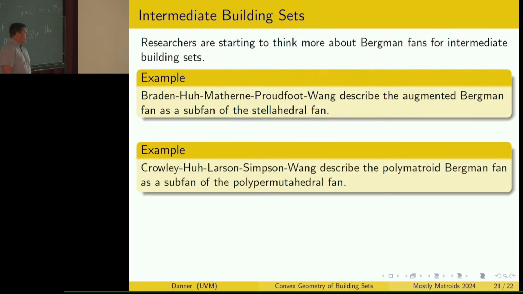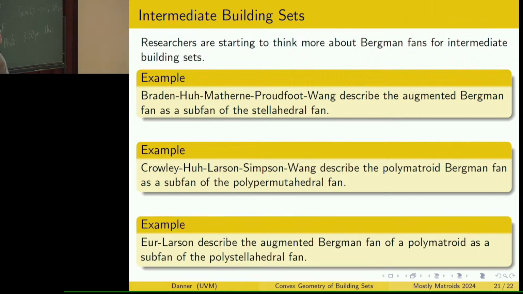Crowley, Huh, Larson, Simpson, and Wang described the polymatroid Bergman fan as a subfan of the polypermutohedral fan. They consider non-maximal and non-minimal building sets. Eric Larson described the augmented Bergman fan of a polymatroid as a subfan of the polystellahedral fan.